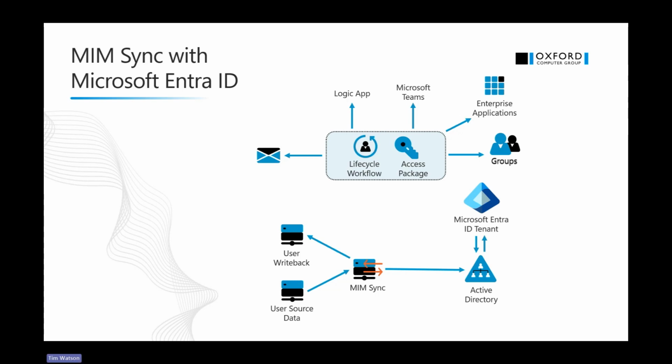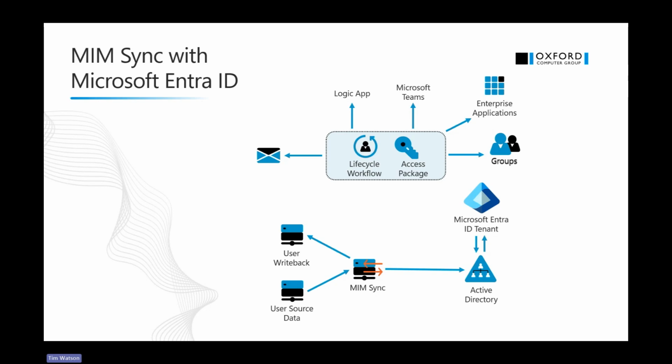But the other thing to think about, when you're moving something over to Entra ID, you are getting other things involved here. Now I can manage enterprise applications. I don't need a group for every application. I can just add that person to an enterprise application using a lifecycle workflow or an access package.